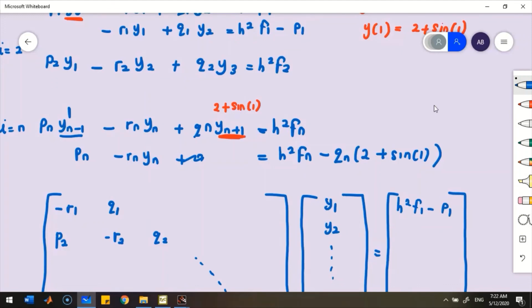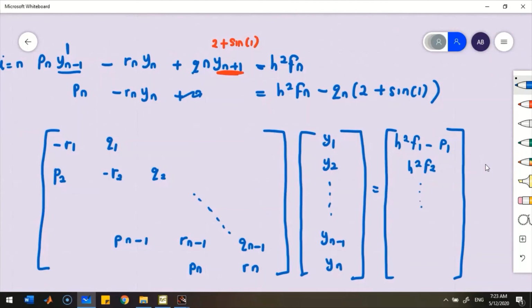The next terms will be just h squared f2 up to h squared f n minus 1, and then this term here is my boundary, fn minus qn, and the term involving sine.